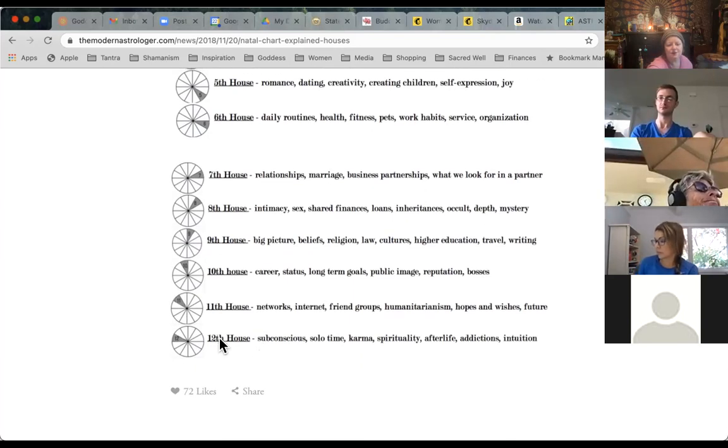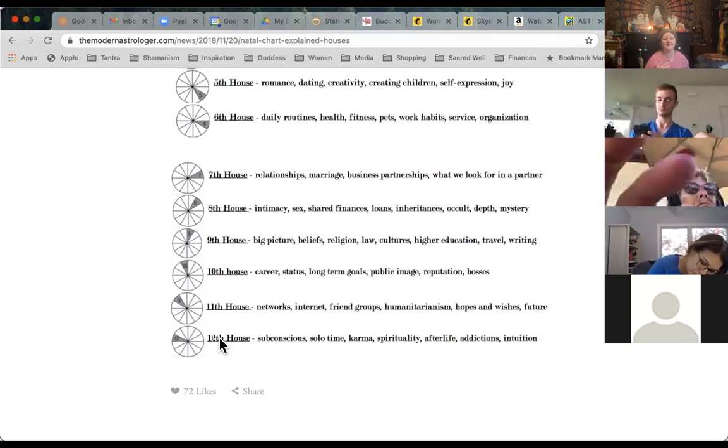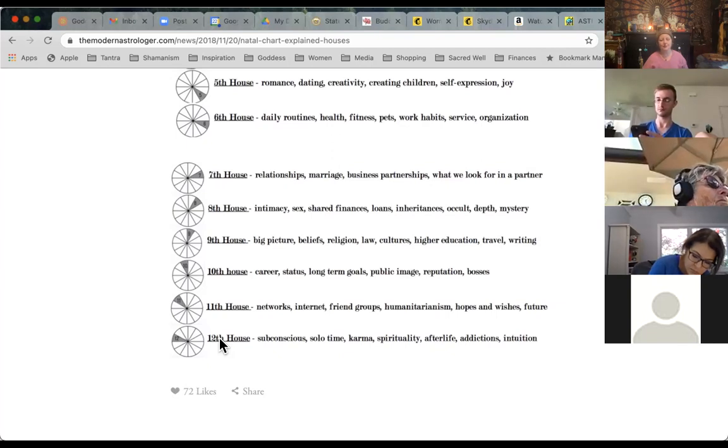And then finally, the 12th house, which is that last spot right before we come back to the 9. It's basically the 9 to 10 on the clock face. And that 12th house is what I consider what is rising from the deep. It's the subconscious, unconscious. It's what you learn from deep memories or deep lessons surfacing, deep karmas surfacing.